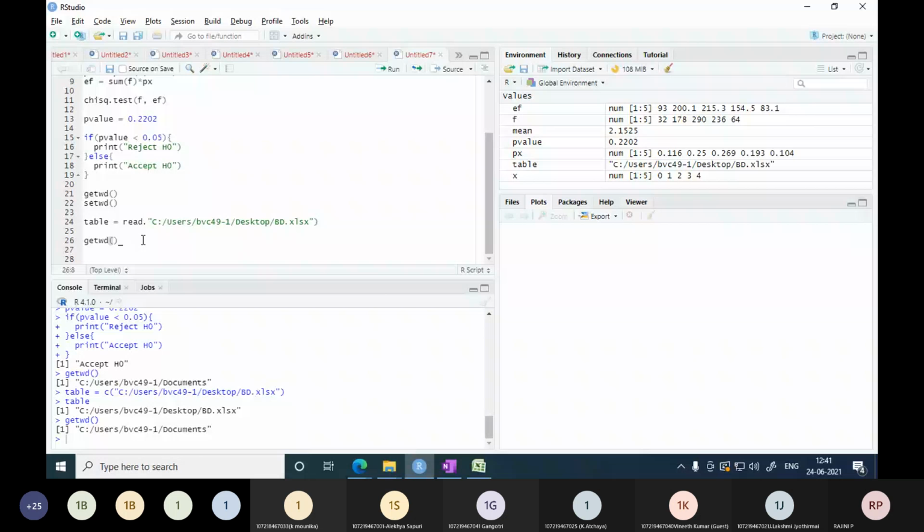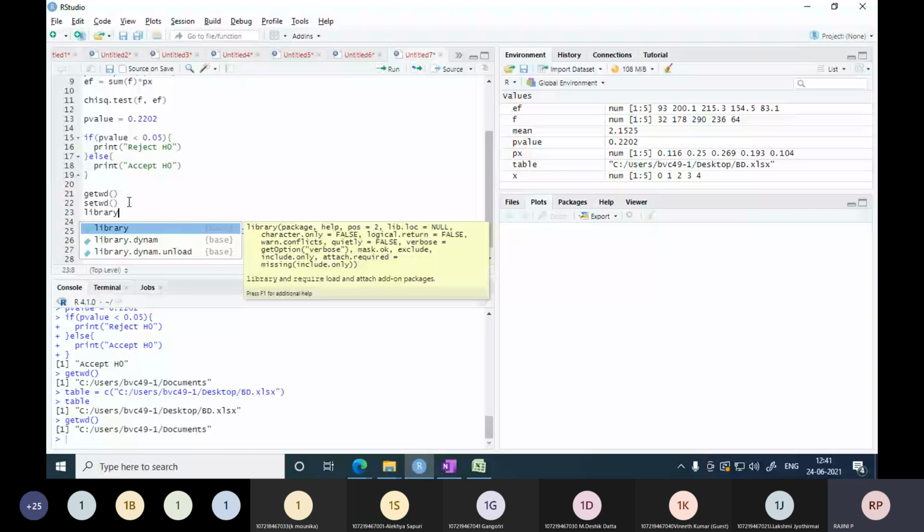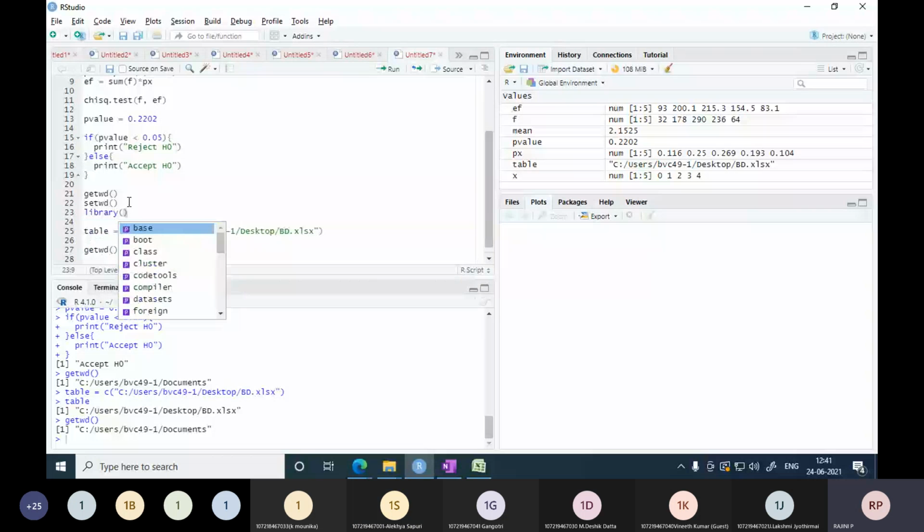Ma'am, do we need to import to read an Excel file? Yes, you need to import the library, read Excel. For CSV it is direct. In Python we do read Excel, no, ma'am. Yeah, in Python also we need to call the library to read the Excel file. Here also we need to call it.